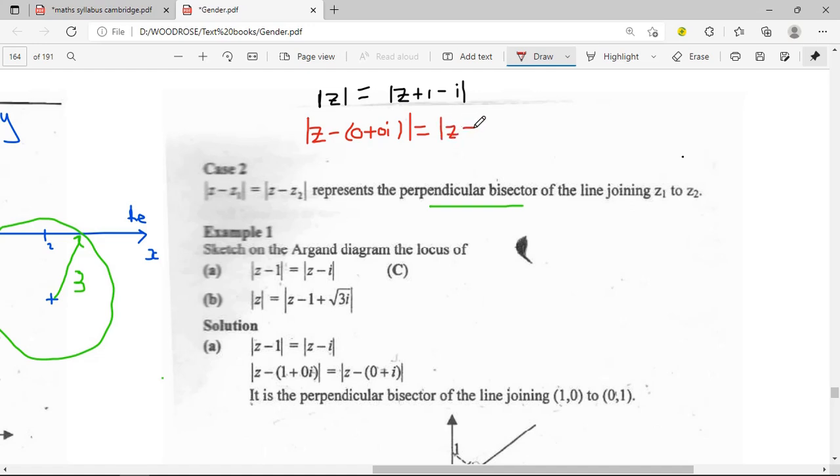Then I say minus. Make sure you have a minus. Then plus 1 is the same as minus minus 1. Then this minus, if I factor it, I'm going to have plus i. Then I close the bracket here, right? Then this will be my z1 and this will be my z2. Then I go to the Cartesian plane where I'm going to sketch.